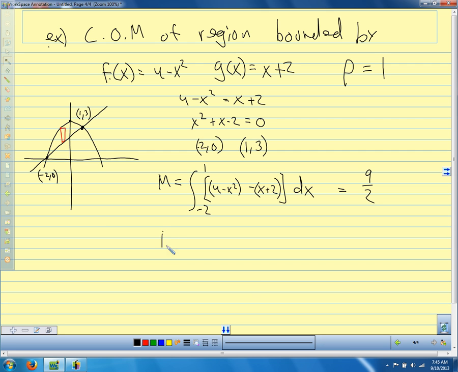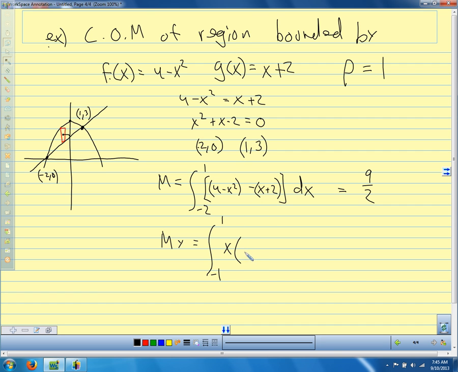M sub y, the moment about the y-axis. So the distance of the center to the y-axis is just given by x. So I have the integral from minus 2 to 1 of x times this quantity.